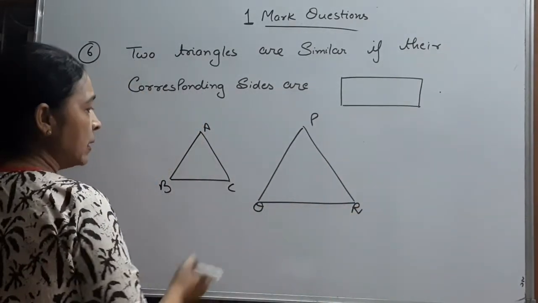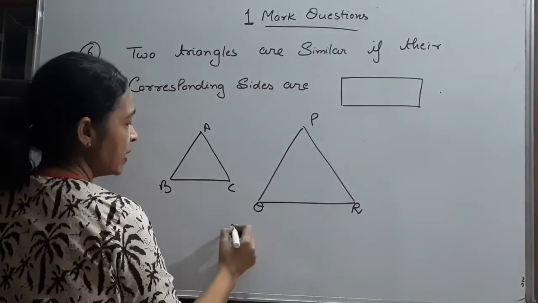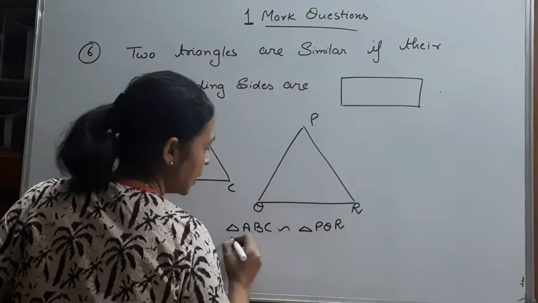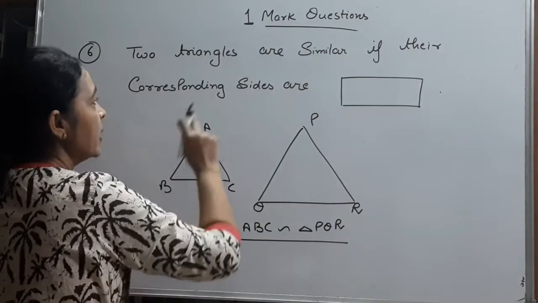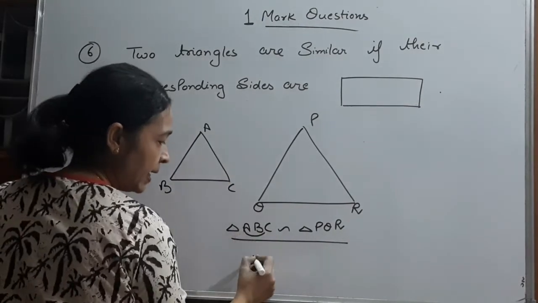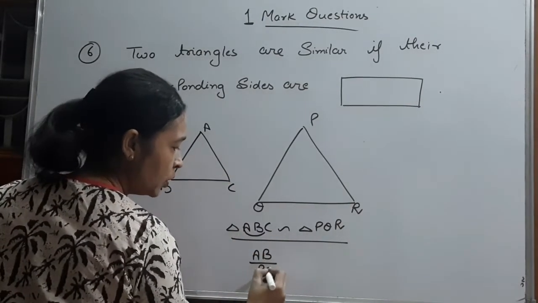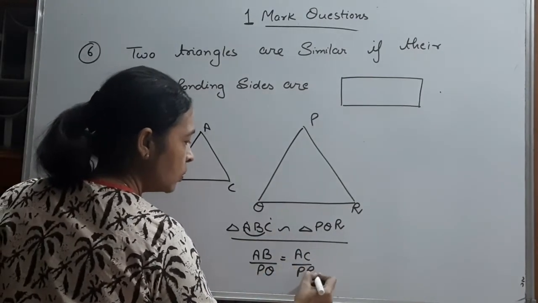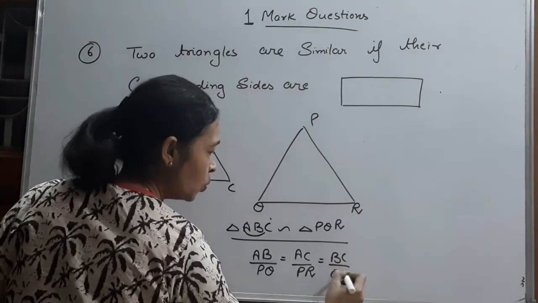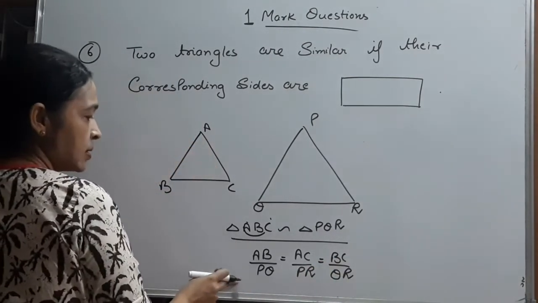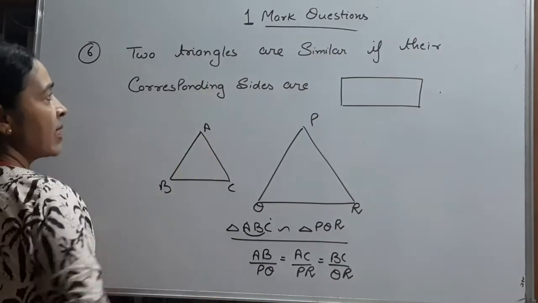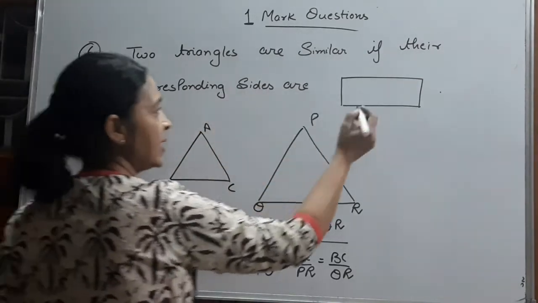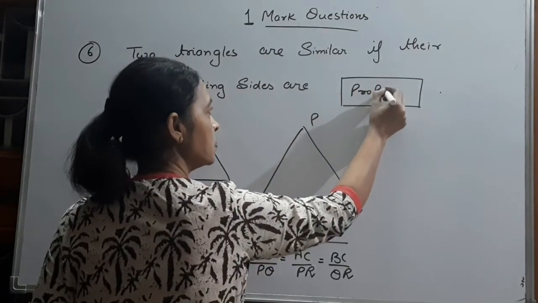When two triangles are similar, if it is given that triangle ABC is similar to triangle PQR, two triangles are similar if their corresponding sides, side AB upon PQ equals to AC upon PR equals to BC upon QR. If this situation is fulfilled, then our triangles are similar. Therefore, the answer will be two triangles are similar if their corresponding sides are proportional.